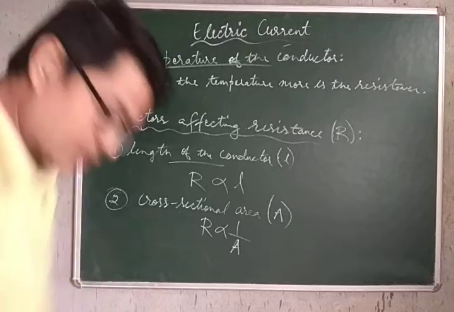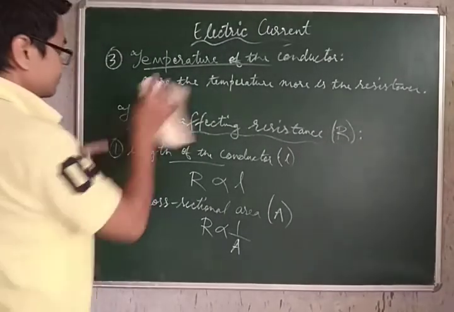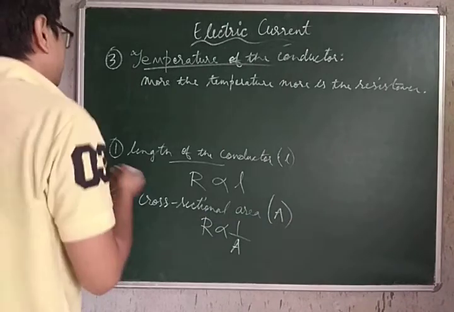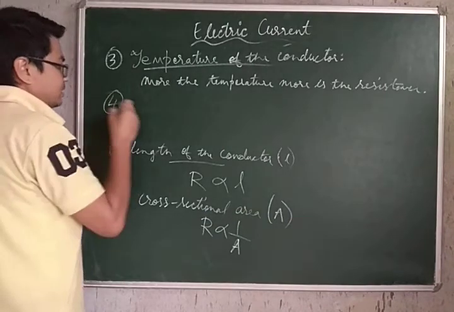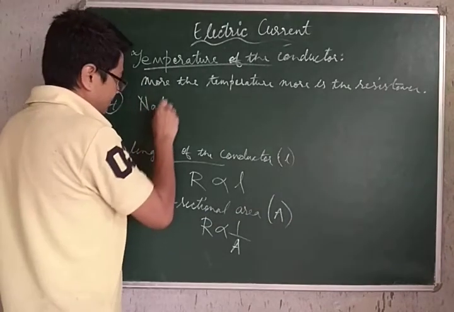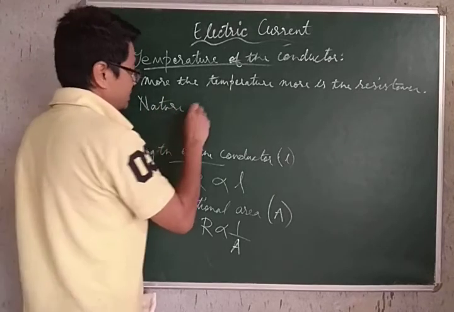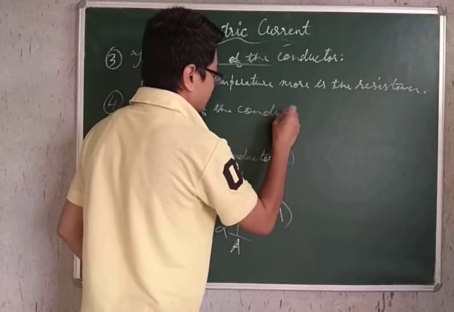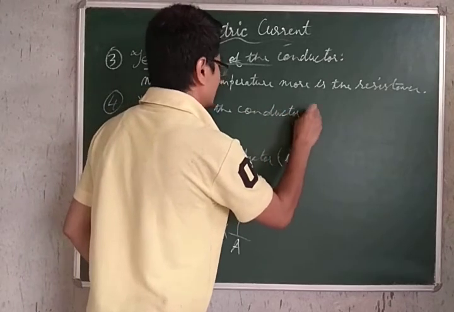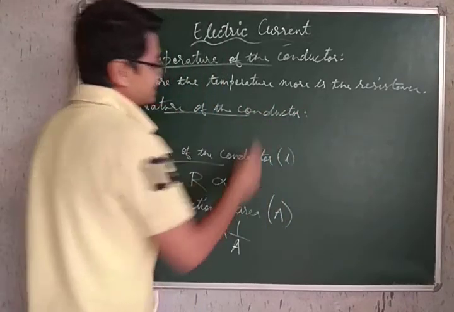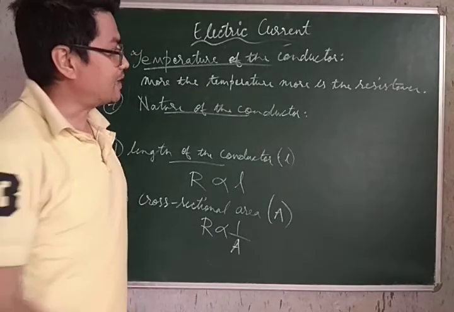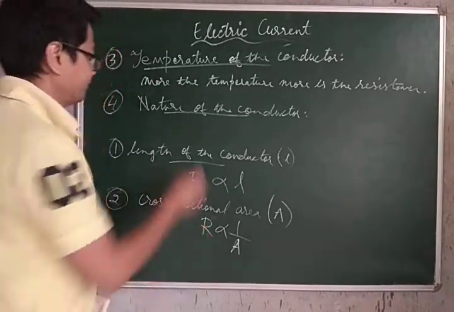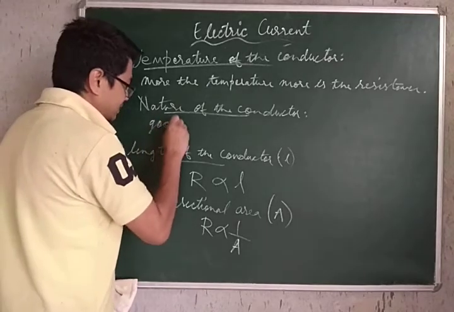And finally, the fourth factor is simply the nature of the conductor. This we've already discussed too. Now, what does this point tell us? It tells us that good conductors have lesser resistance, bad conductors have more resistance. That's it.